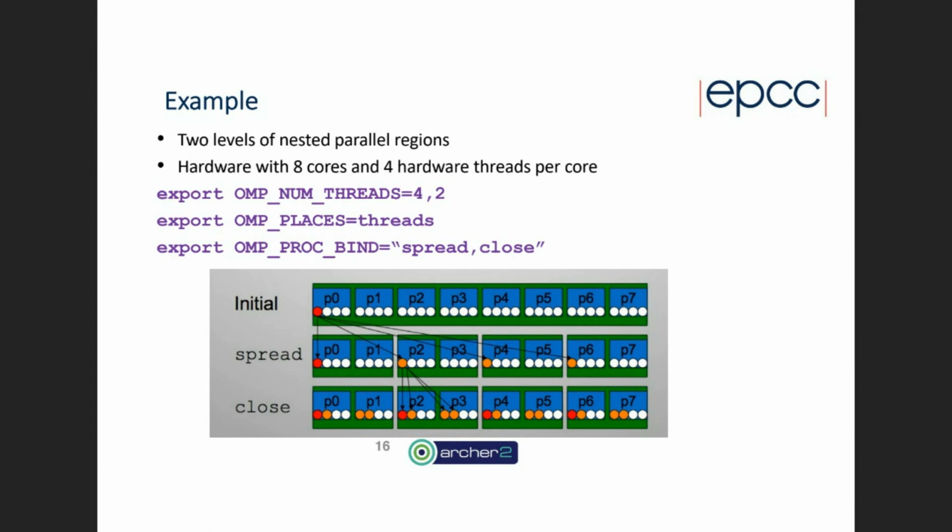If I said master here, then I would end up with all the threads on the same core. It's a bit complicated to get your head around how this works, but you can see that in principle it gives you a lot of control about how threads get bound to your hardware entities.